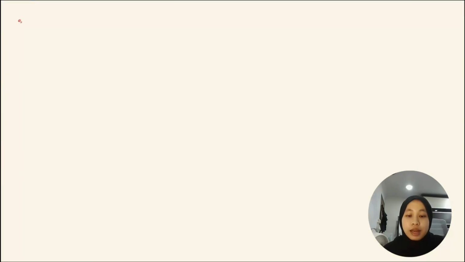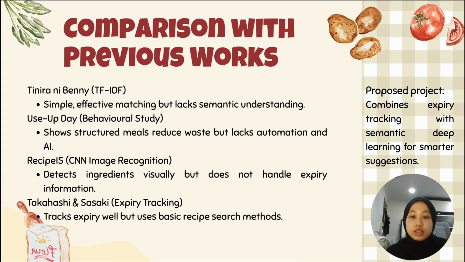Next, comparison with previous works or studies. Firstly, we have Tinirani Beni. Tinirani Beni used TF-IDF, but it lacks the semantic capability needed for more accurate recommendations. Next, USDA, which focuses on behavioral change, shows that planning meals with existing food reduces waste, but it lacks automation.